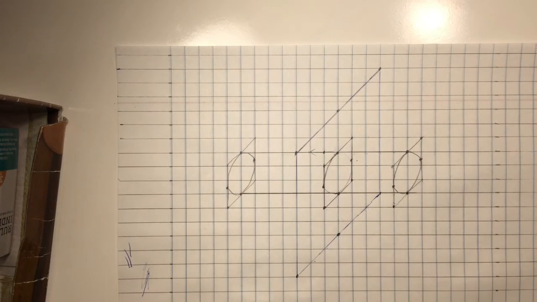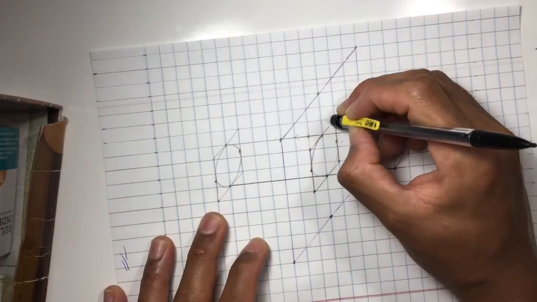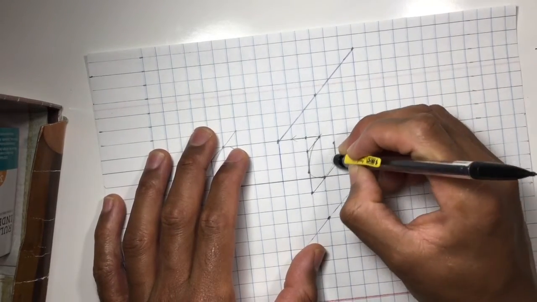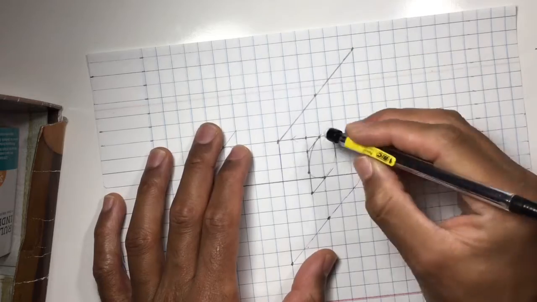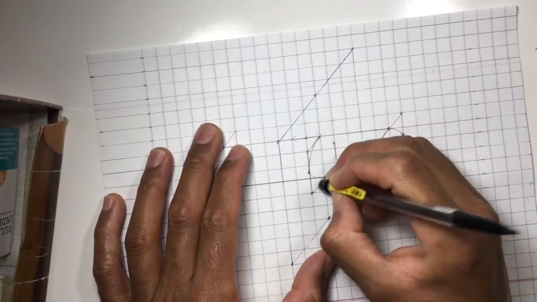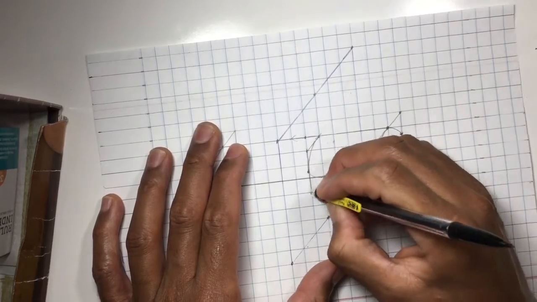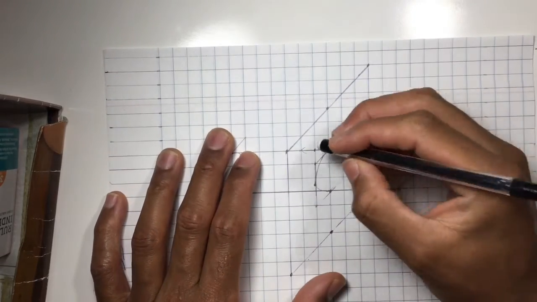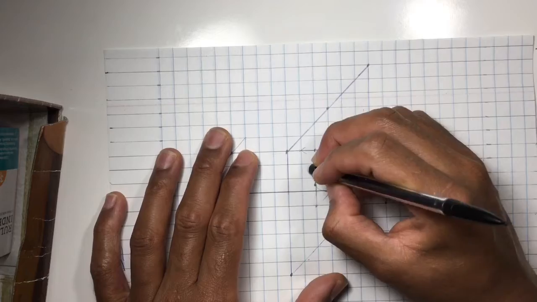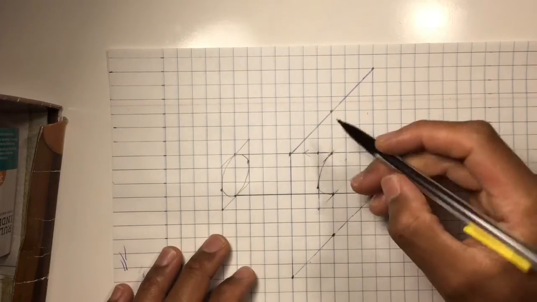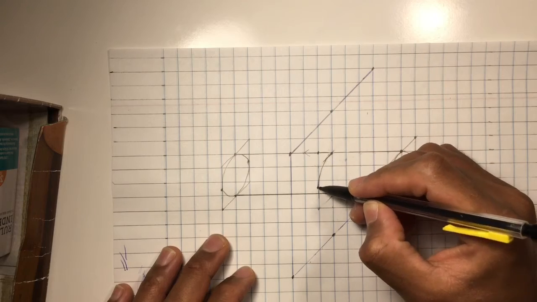Okay, so now I'm going to erase everything else that I don't see. I don't see any of this. Nothing in the tube. Don't see this plane. Okay. Only thing I see is the curve.